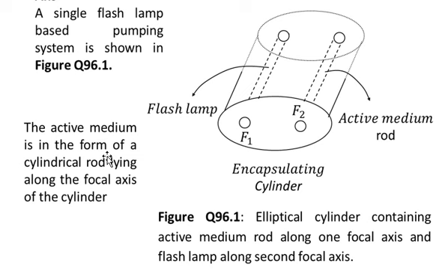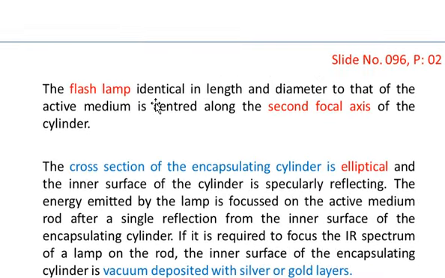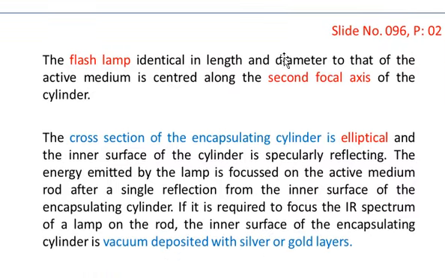The active medium is in the form of a cylindrical rod lying along the focal axis of the cylinder. The flash lamp, identical in length and diameter to that of the active medium, is centered along the second focal axis of the cylinder.